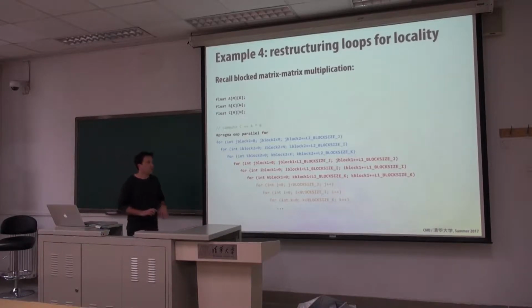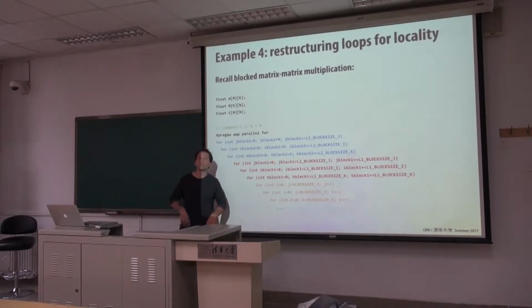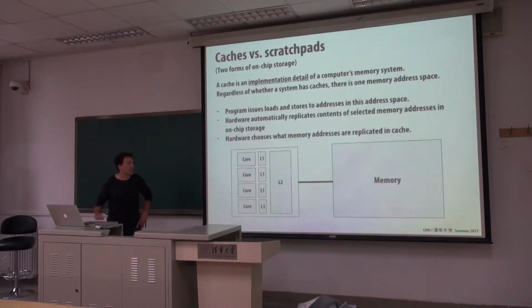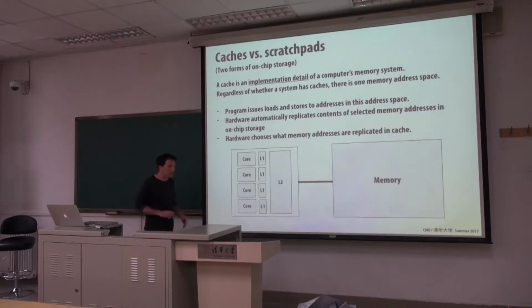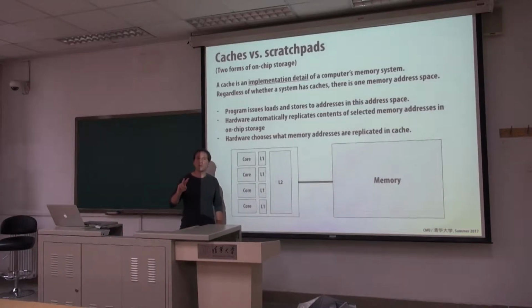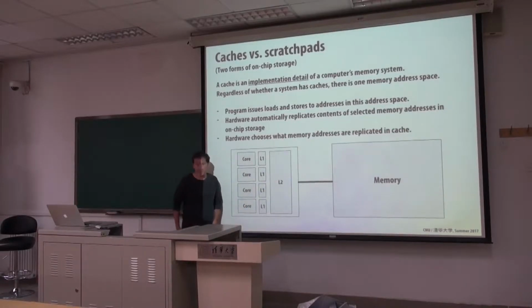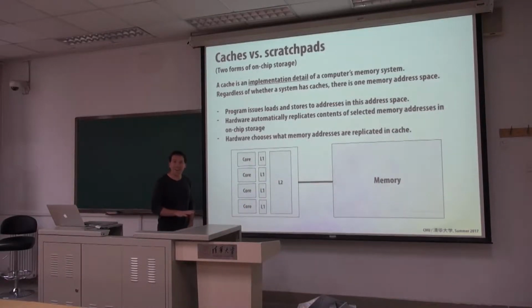So the reason we did these things is we wanted to put data in cache, because it's fast to access in cache. And I wanted to point out that there are two types of storage on a processor. The first one is a cache, very much like you're familiar with. Like an Intel processor has an L1 cache and an L2 cache.